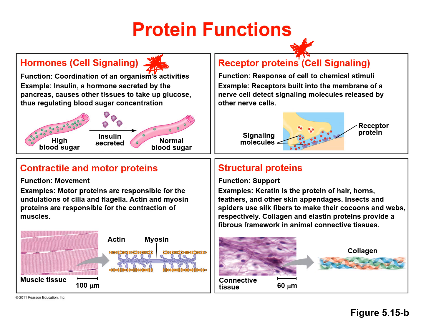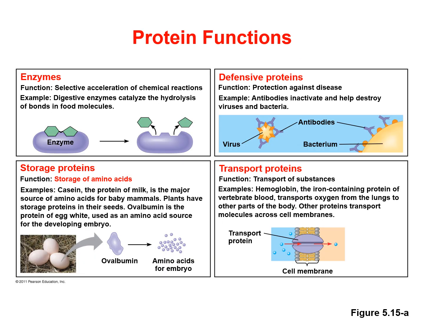We also have structural proteins like the collagen in our skin. That's kind of a rope-like protein that strengthens our skin and makes it so our skin doesn't tear. A lot of the enzymes in our body are made out of proteins, and enzymes are used to speed up chemical reactions.